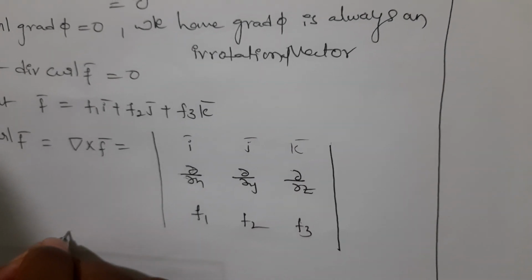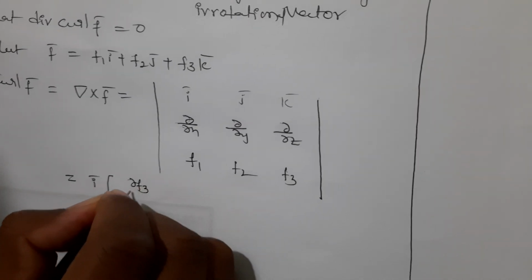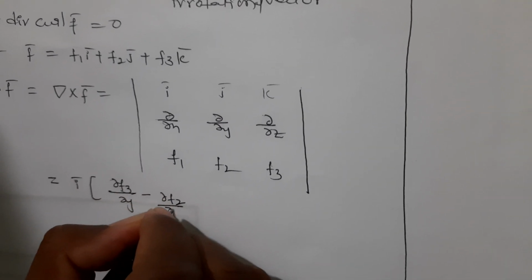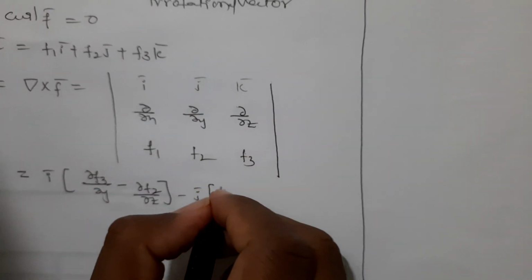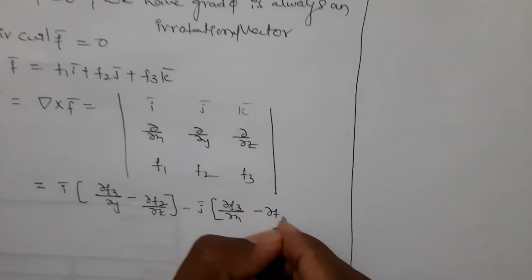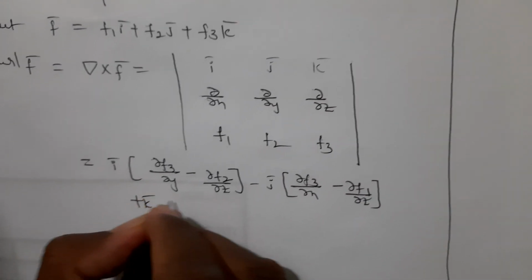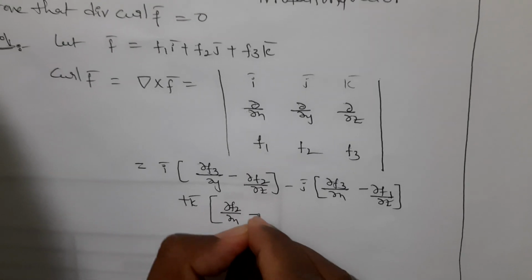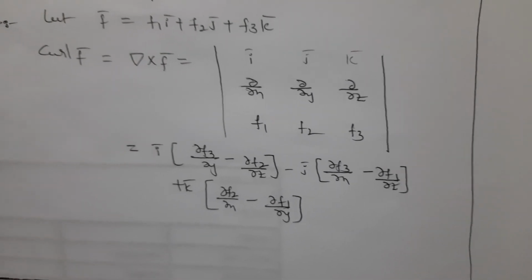Expand this determinant, we get i bar into dou f3 by dou y minus dou f2 by dou z, minus j bar into dou f3 by dou x minus dou f1 by dou z, plus k bar into dou f2 by dou x minus dou f1 by dou y. This is curl f bar value.